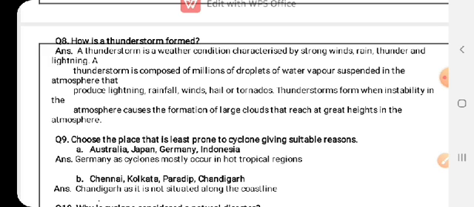When there is a lot of change in the atmosphere, it forms a lot of dark black clouds, and they help in formation of the thunderstorm when they combine together with each other at greater heights. It is simply the combination of the dark, large clouds together with each other that causes the thunderstorm to occur.